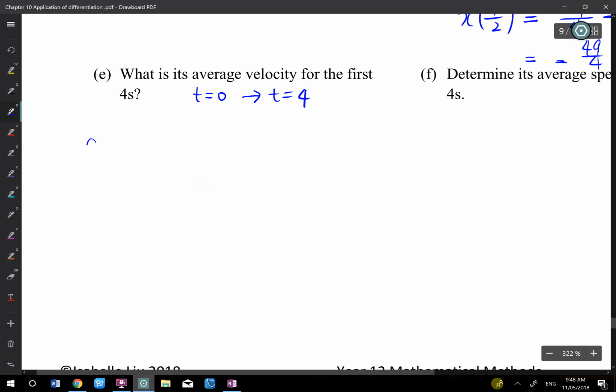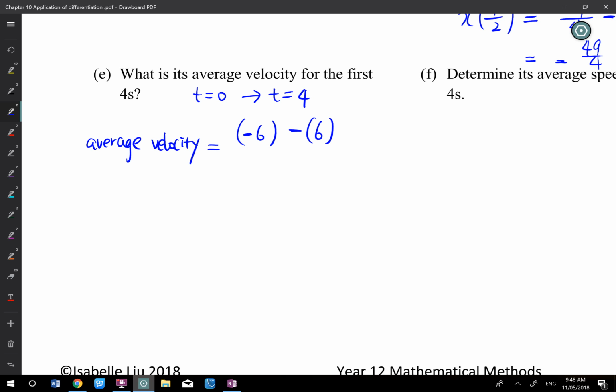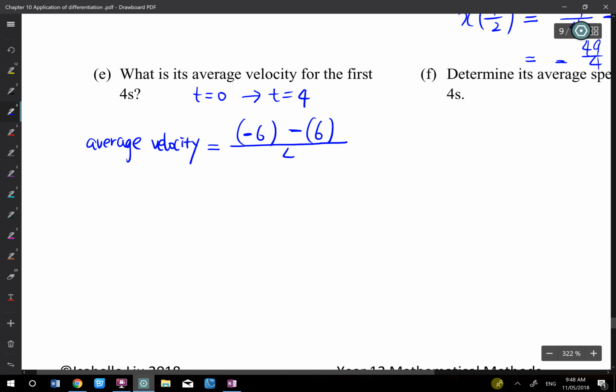So average velocity equals the change in position. At the final time, my position is minus 6, and at t equals 0, my initial position is 6. That's the answer you get from A and B. That's the final position minus the initial position over the change in time, which is 4 seconds, or 4 minus 0.